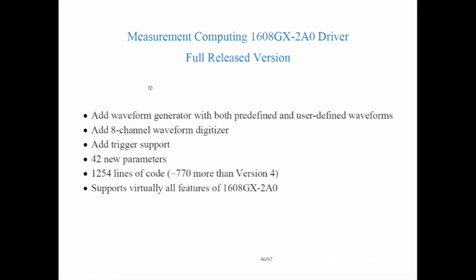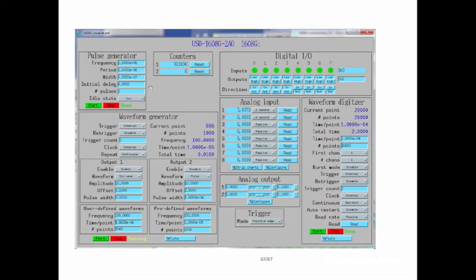So it's like 770 more lines of code than the previous version, because these are fairly complex things to worry about. But with a driver of that size, you're supporting basically all of the features that this device has. And that's the screen you saw before that has all those features on it. Being able to implement that level of complexity in only 1,200 lines of code is actually pretty good, I think.